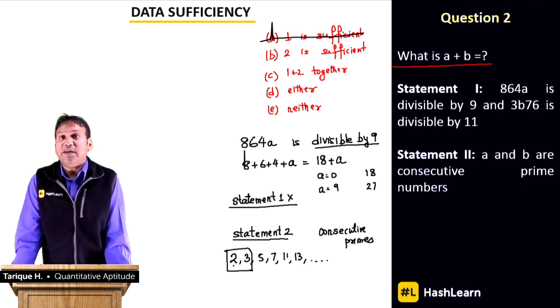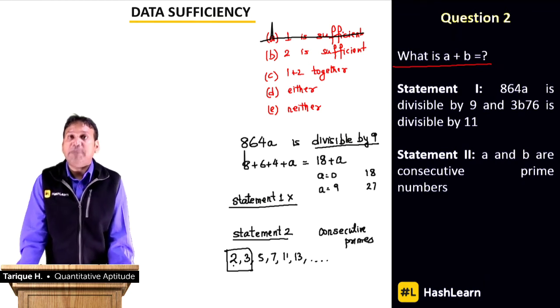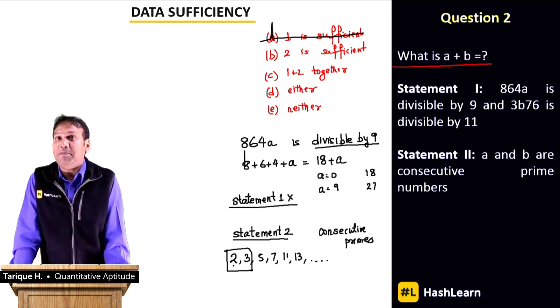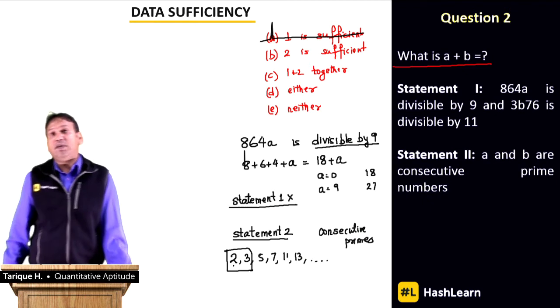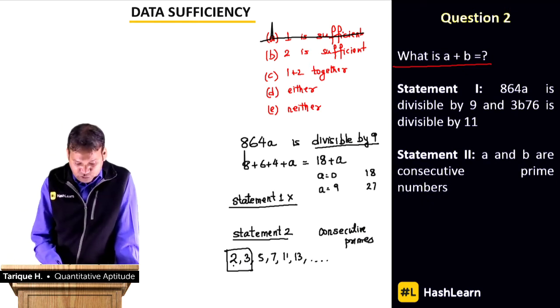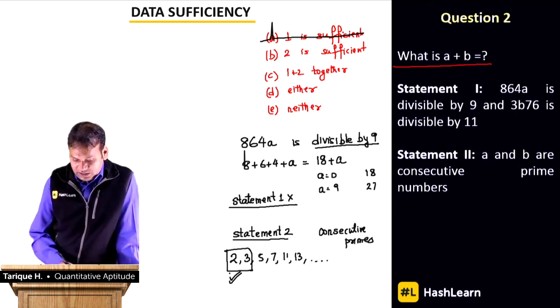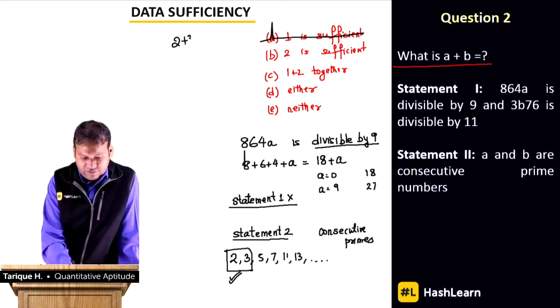Because if you take any other two consecutive numbers, one of them will be even. And no even number except 2 can be prime. 2 is the only even prime number. That means if A and B are consecutive prime numbers, they have to be 2 and 3. And that means the sum of A and B is 2 plus 3, 5.